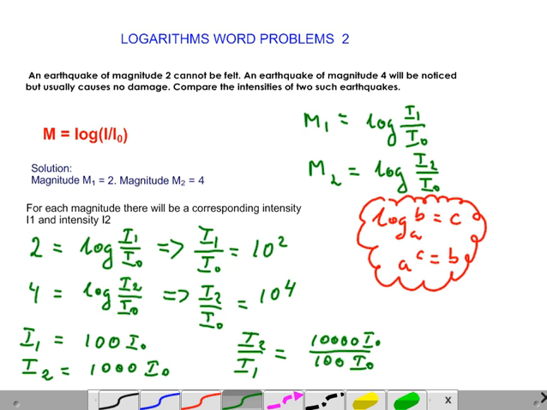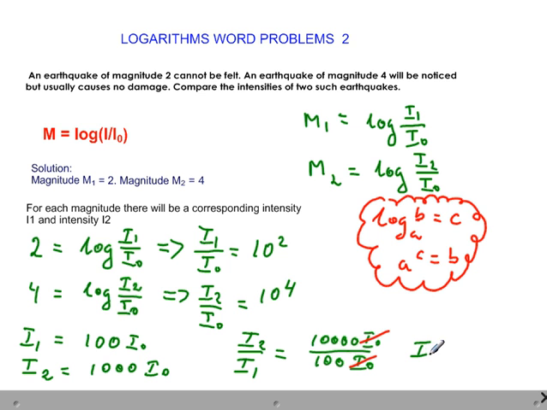Now you can see that I0 is gone, and we will say, therefore, I2, the intensity of the second earthquake, is 100 times as intense as the intensity of the first one. So this is how they compare, and this solves our question right here.